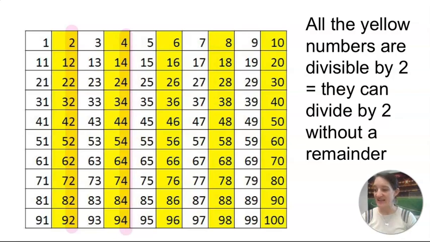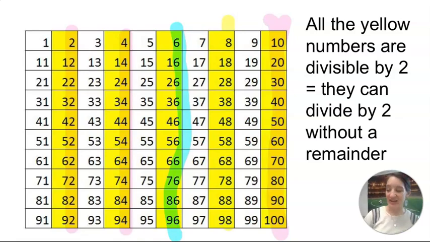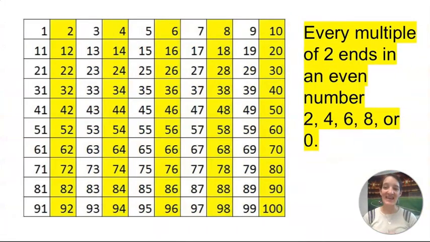If it ends in a 6, it's divisible by 2. Or if it ends in an 8, or if it ends in a 0, we know that it is divisible by 2. So we could say that every number that is divisible by 2 is an even number. Or we could say that they all end in either a 2, 4, 6, 8, or 0.